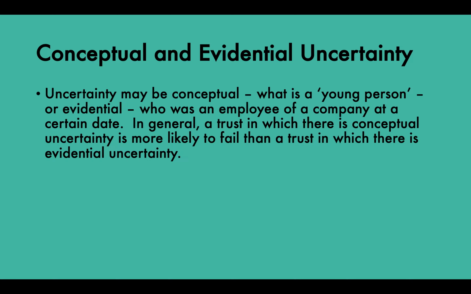There is no reason to invalidate the trust simply because someone who falls within a perfectly comprehensible trust provision is not able to produce the proof necessary to demonstrate to the trustees that she is indeed within the class of beneficiaries. Given the underlying policy motivation to validate trusts wherever possible, where there are problems of evidence rather than concept, it would appear inappropriate to avoid the trust.